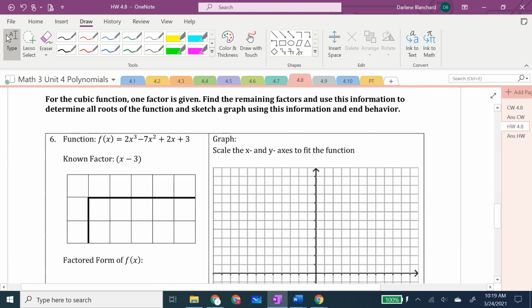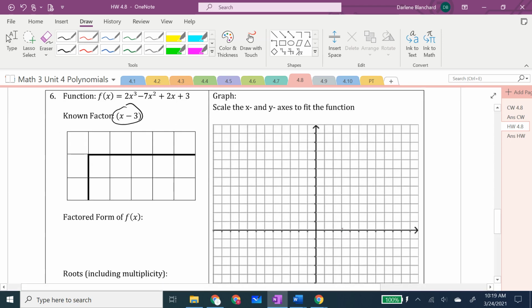So if you know one of the factors, you can use division to help you find out what the other roots are. If this is a known factor, realize that you know right then and there that positive 3, if I decide to use this as 3, is an x-intercept.